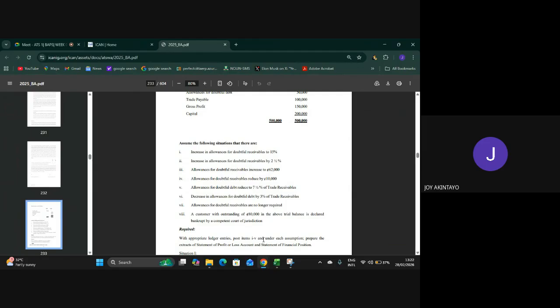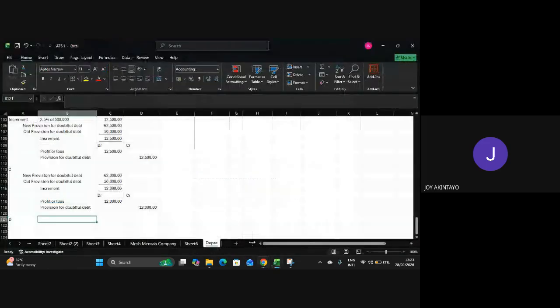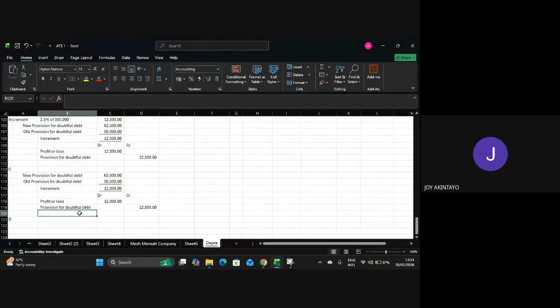So what will be our new provision? So here it is reduction. So we say new provision and old provision. What is our old provision? We are to reduce 50,000 cedis by 10,000.